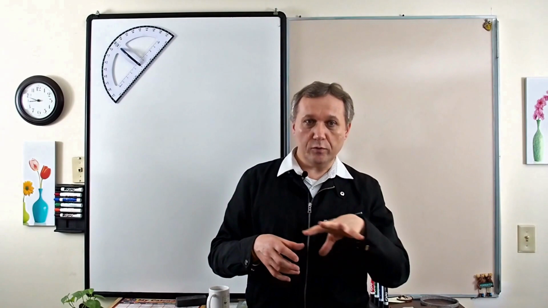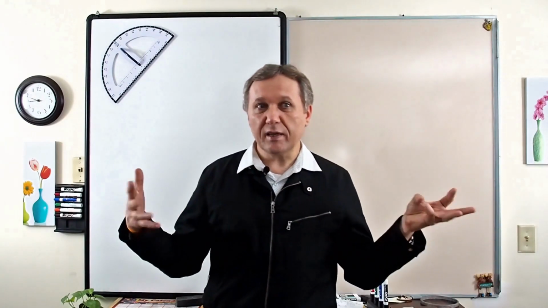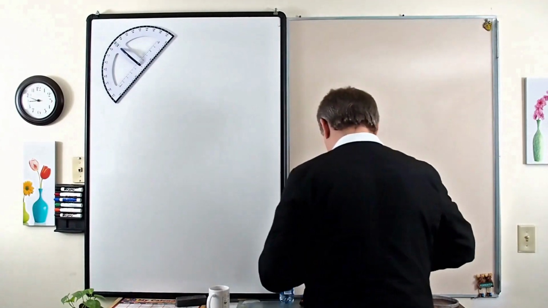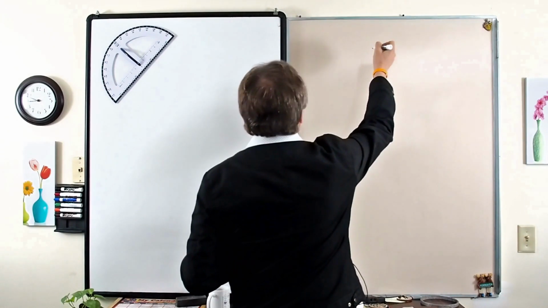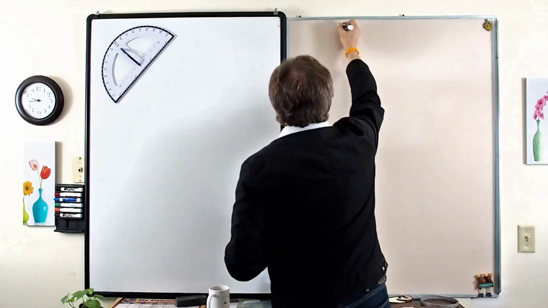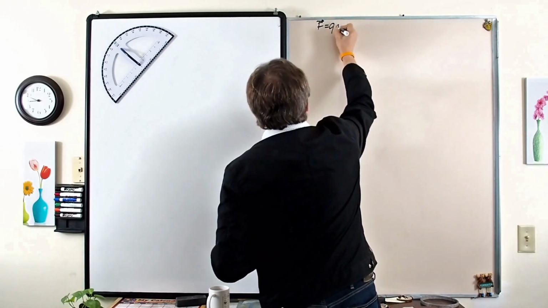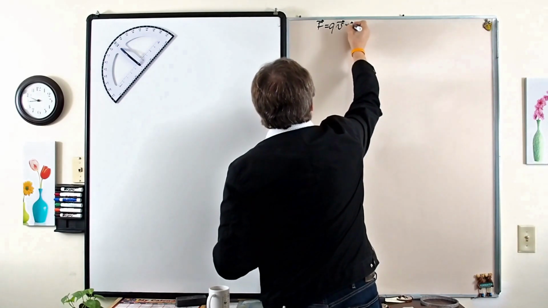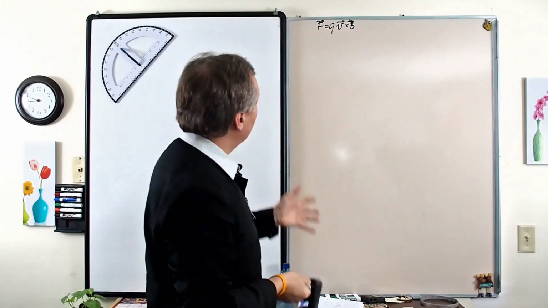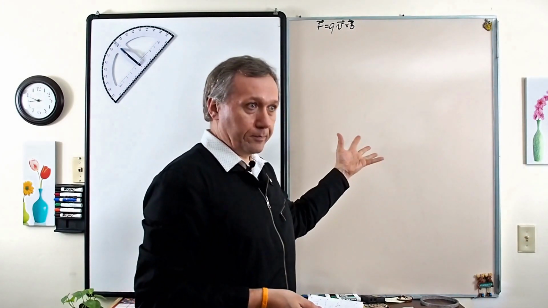F equals Q V cross B, and let's see what we can get out of that formula. I will write that formula over here, and we're going to play with this formula today: F equals Q times V cross B. And let's look at two situations.